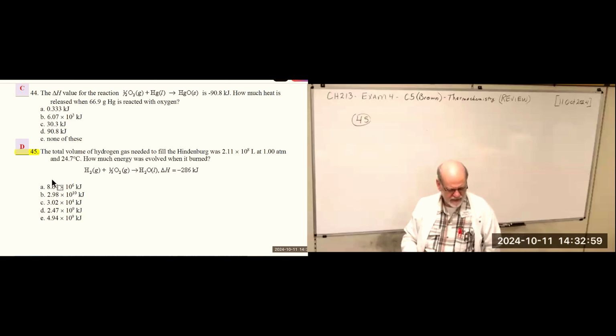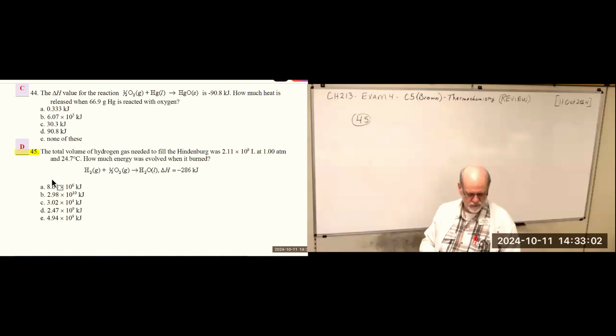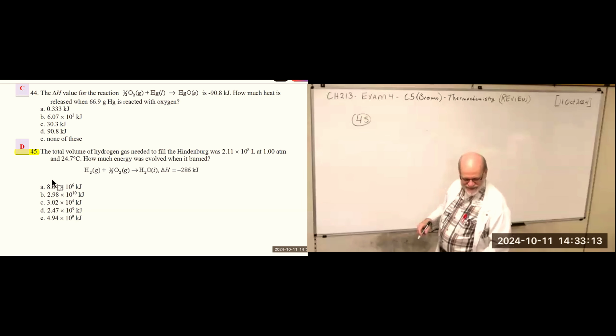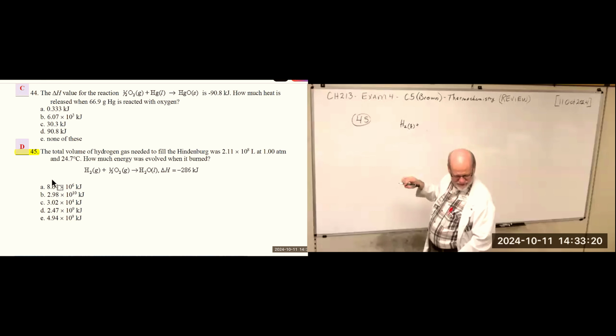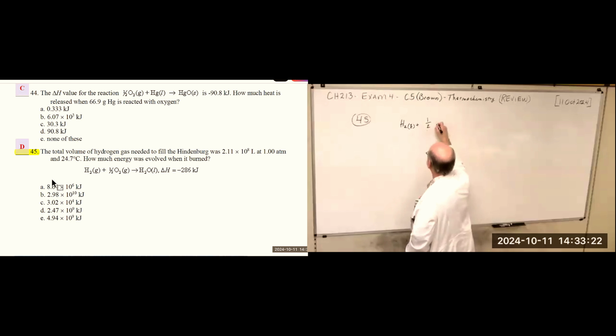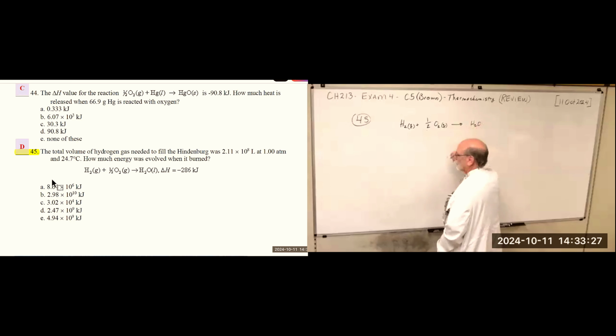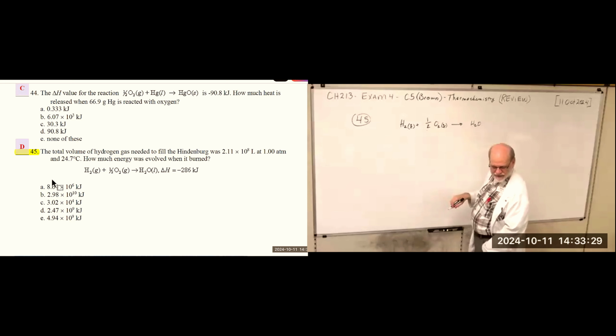The total volume of hydrogen gas needed to fill the Hindenburg was 2.11 times 10 to the 8th liters at 1 atmosphere and 24.7 degrees. How much energy was evolved when it burned? Okay, so our stoichiometry is hydrogen gas plus half an oxygen gas yields water, liquid.